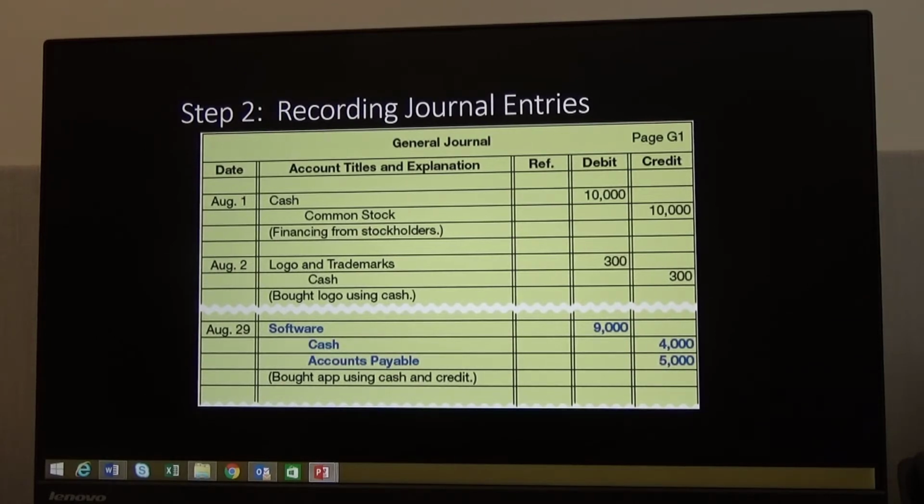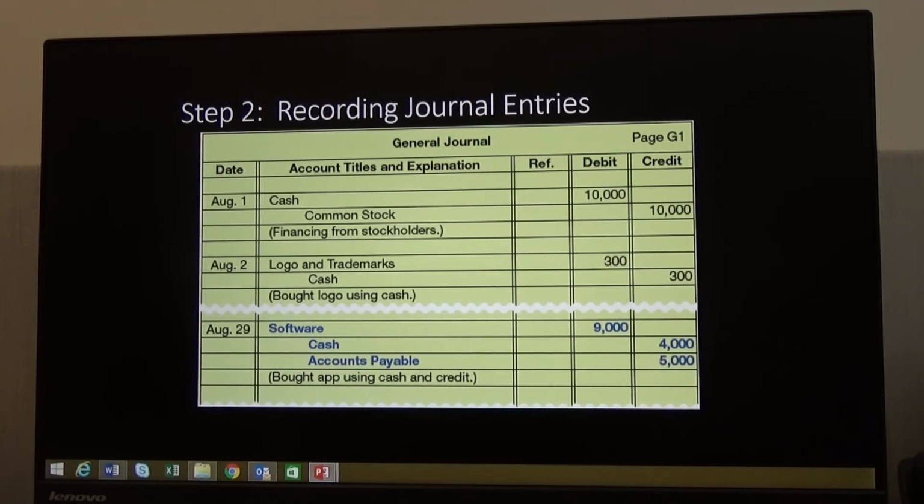The debit part of the entry is typically entered first, and the account names that are being debited are entered at the leftmost portion of that account titles and explanation column. You'll notice then that the credit accounts, the accounts that are being credited, are indented a little bit, and that's just convention.